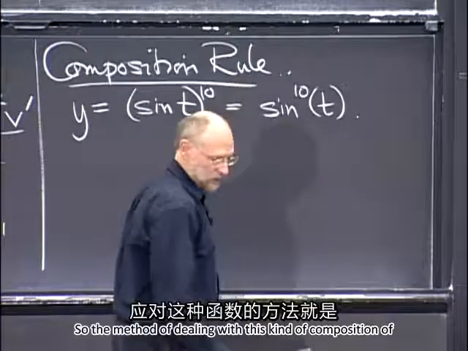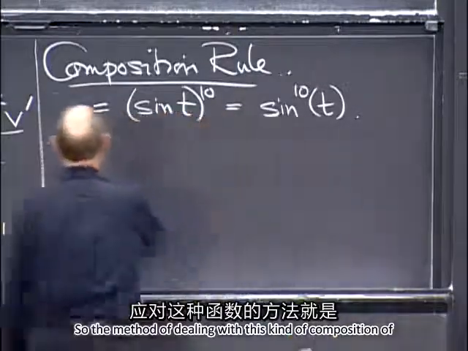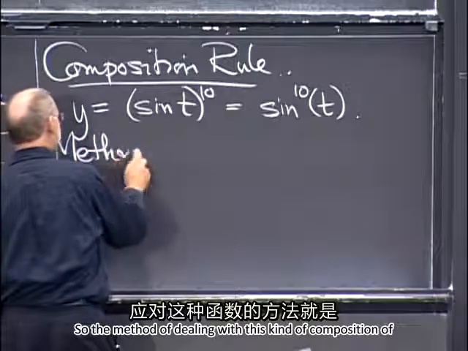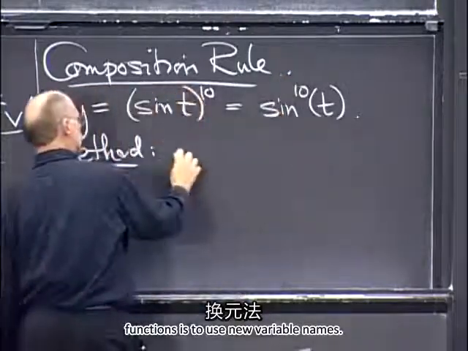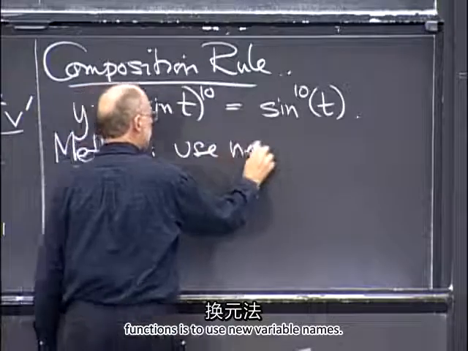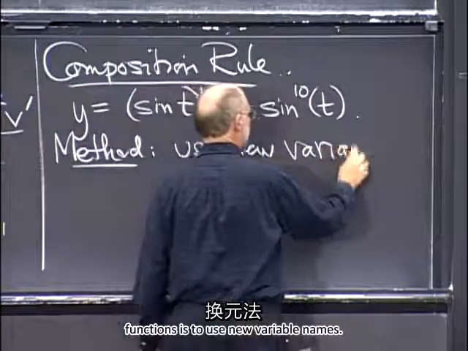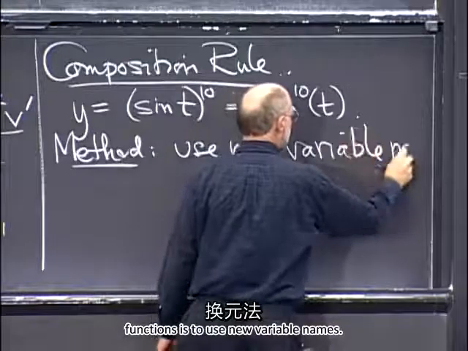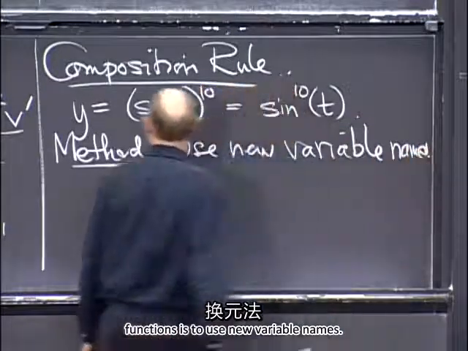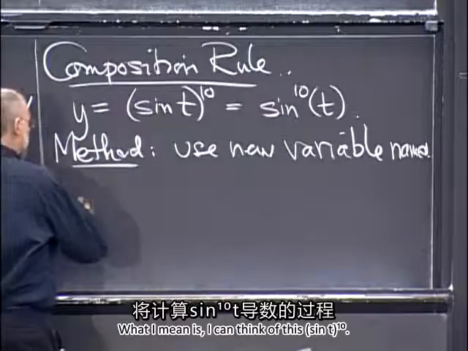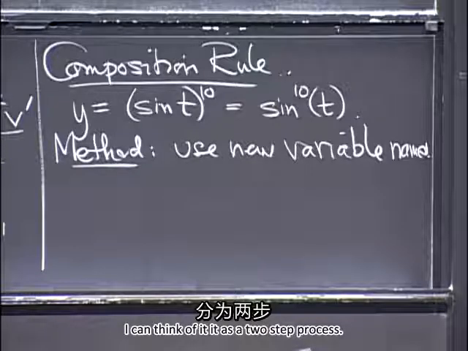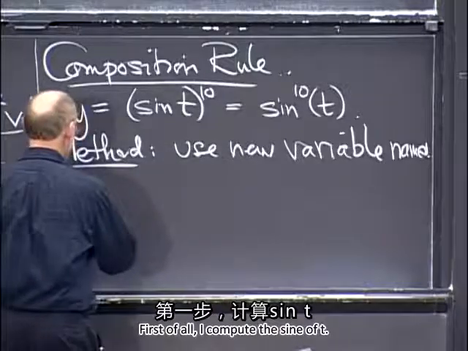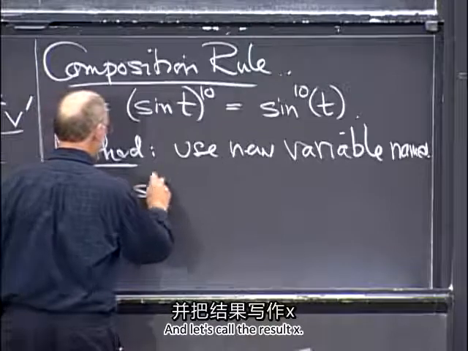So the method of dealing with this kind of composition of functions is to use new variable names. What I mean is, I can think of this sine of t raised to the 10th power as a two-step process. First of all, I compute the sine of t, and let's call the result x.